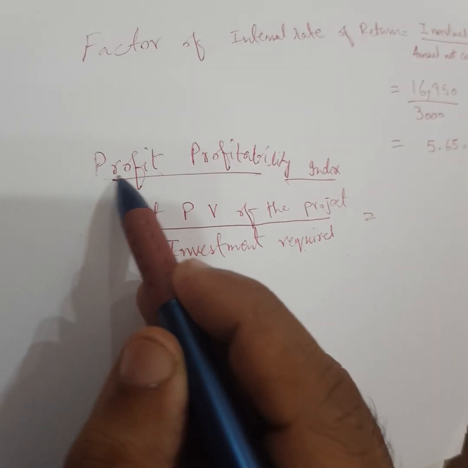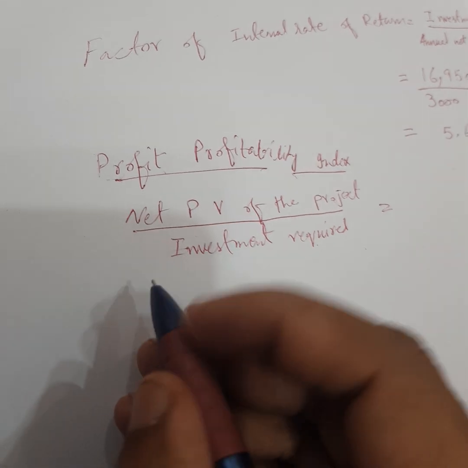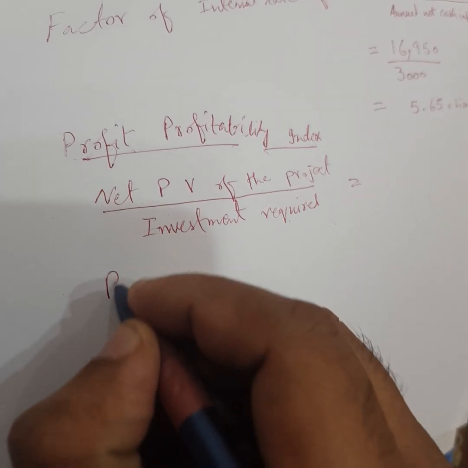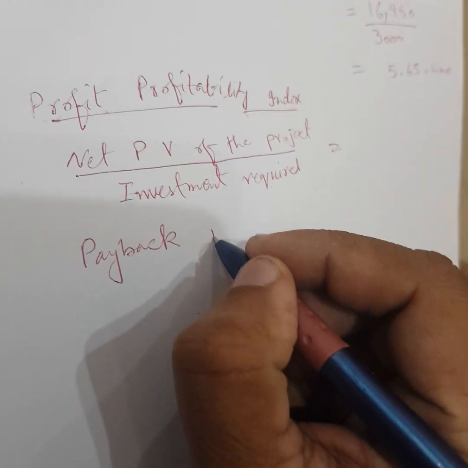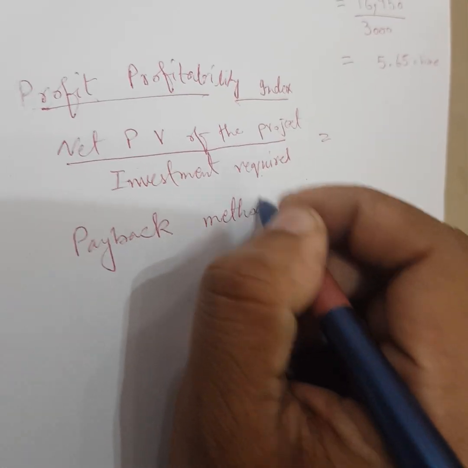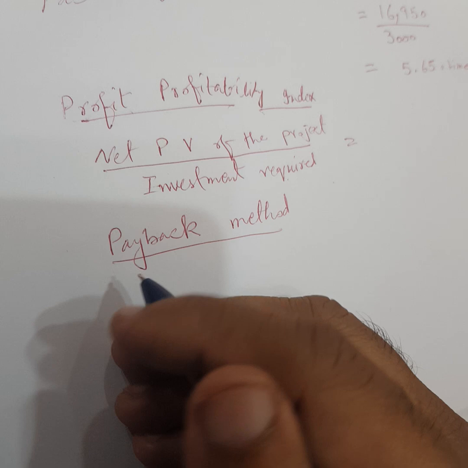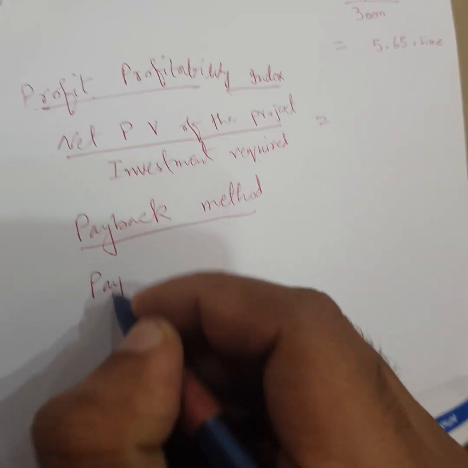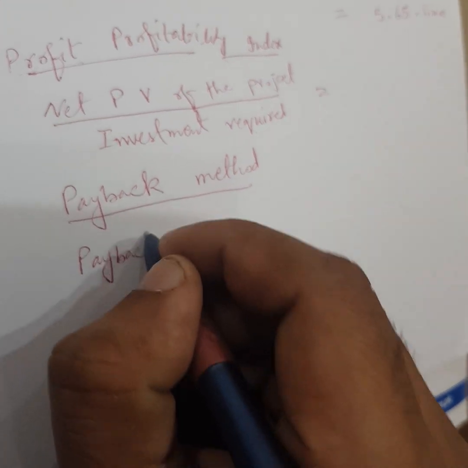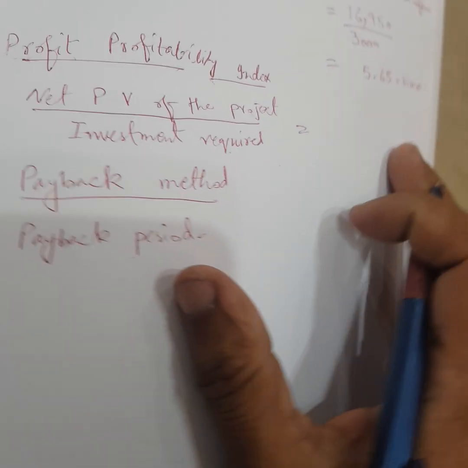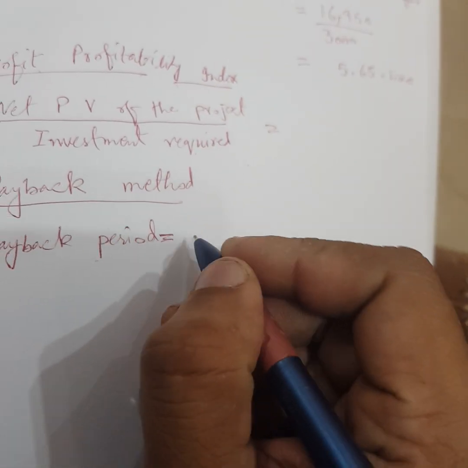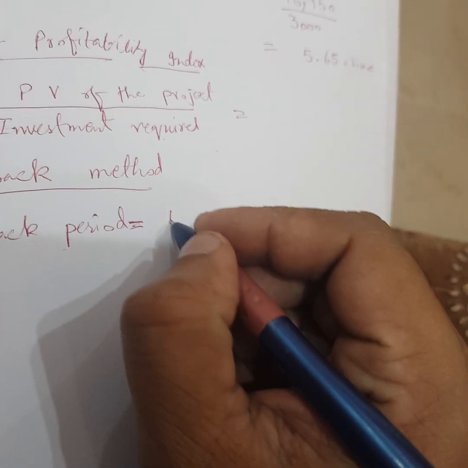As we are discussing the profitability index, another concept is the payback method: the investment we are going to do, in how much period we will be able to get our initial investment back.